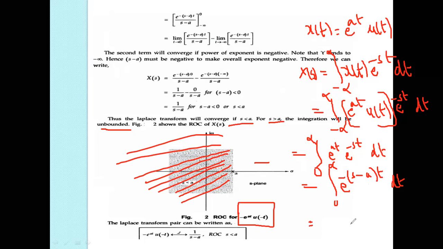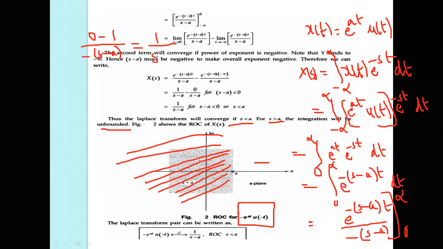The integration of e power minus s minus a into t is e power minus s minus a into t divided by minus s minus a. The upper limit is infinity and the lower limit is 0. When you substitute the upper limit, it becomes 0, minus, and substituting the lower limit, e power 0 is 1, divided by minus of s minus a. Minus and minus get cancelled, and the value is 1 by s minus a.